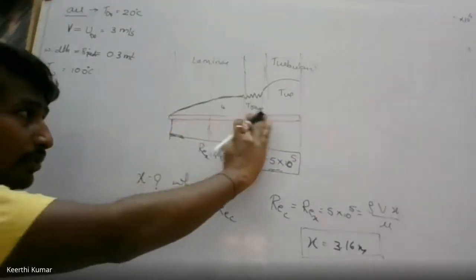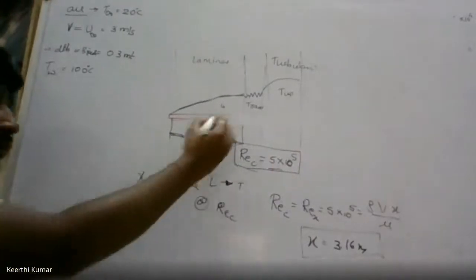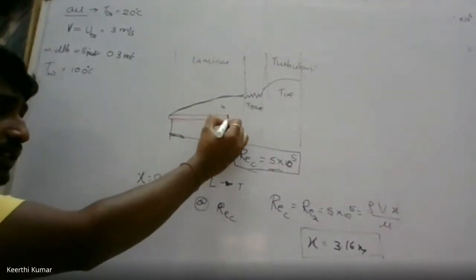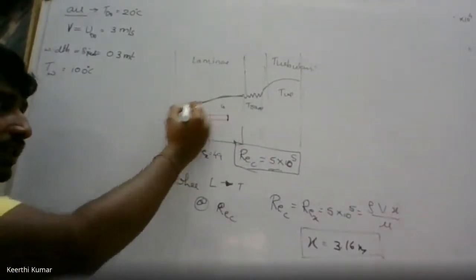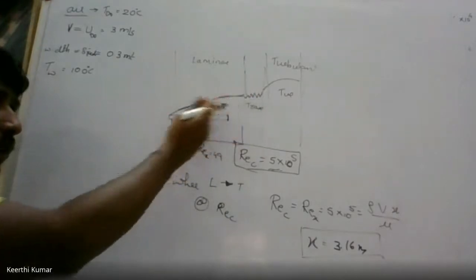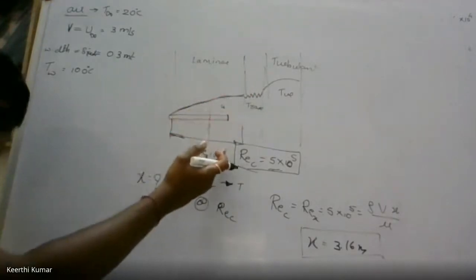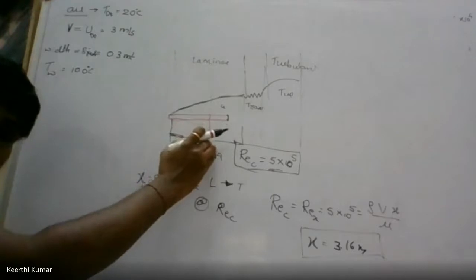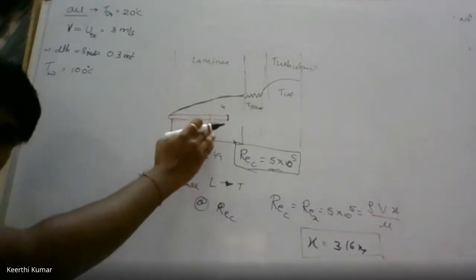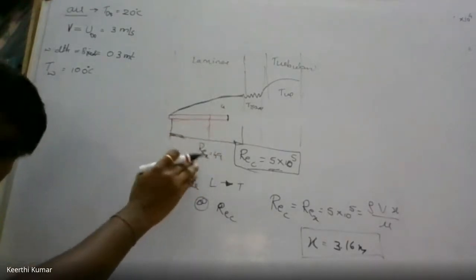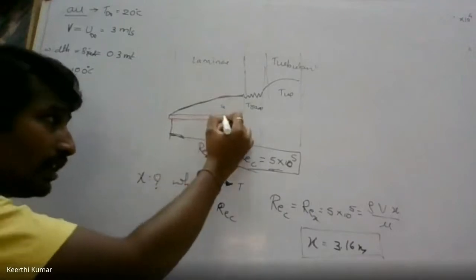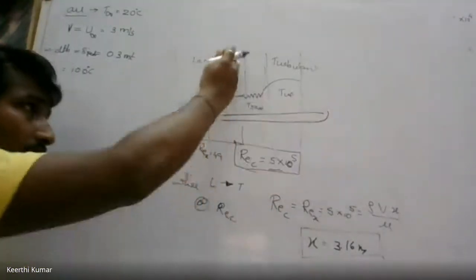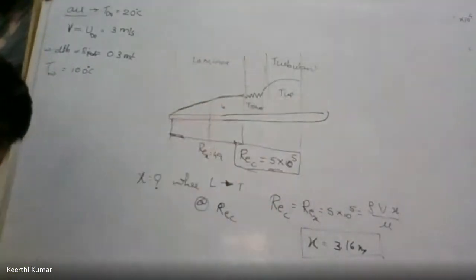The length of the plate was only this much, within the laminar region, so even though we took x equal to L, the total length of the plate, it is still laminar flow. If the plate is a little bit bigger, then we'll come across laminar, turbulent, all the regions.